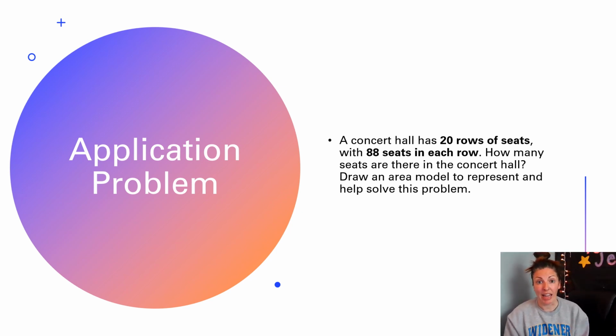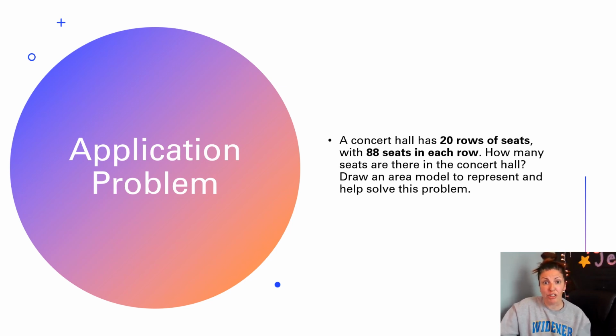So I also highlighted 88 because that tells me if I have my 20 rows with 88 seats in each row, that I'm going to be able to figure out how many seats total there are in the concert hall.